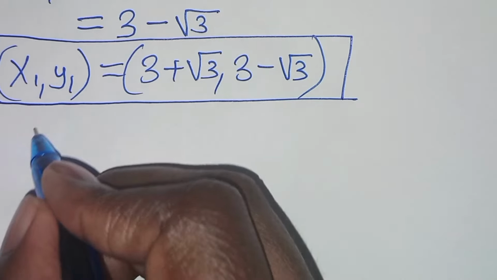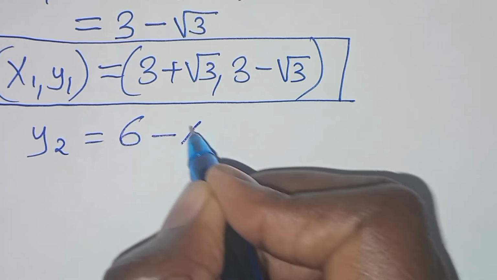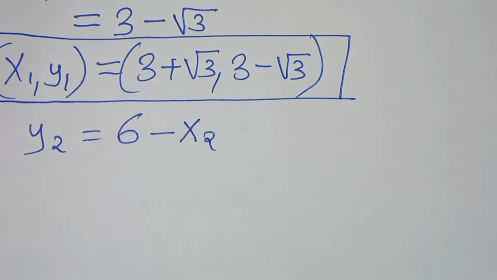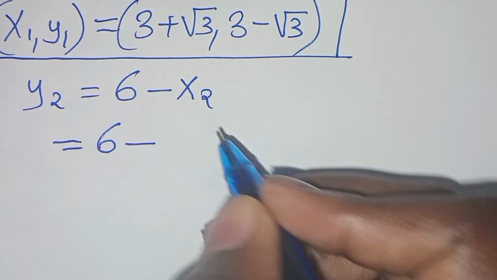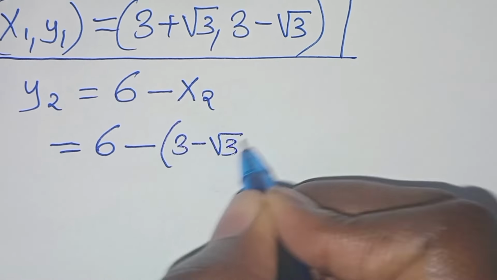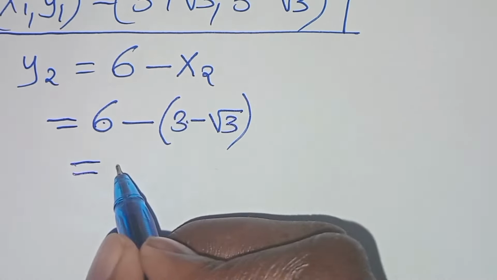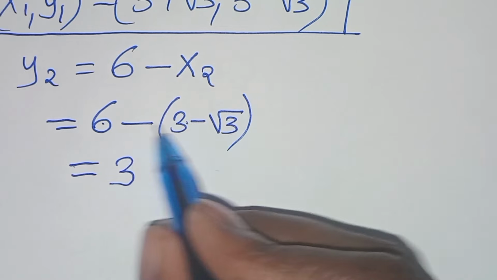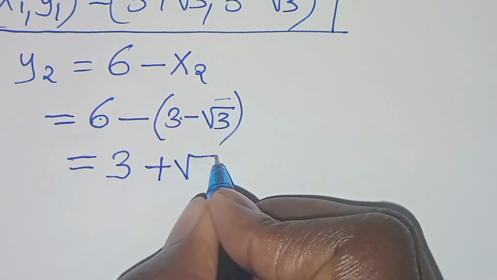Let's solve for y2, which is equal to 6 minus x2. So this implies that here we have 6 minus x2, which is 3 minus square root of 3. So this is the same thing as 6 minus 3, which is 3, minus minus square root of 3. This is plus square root of 3.